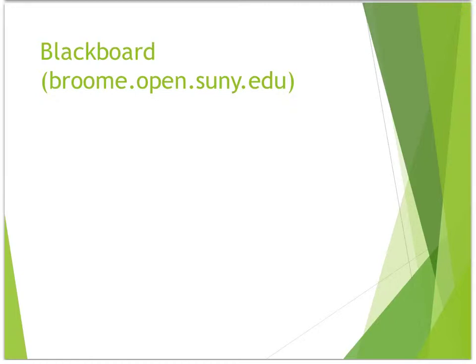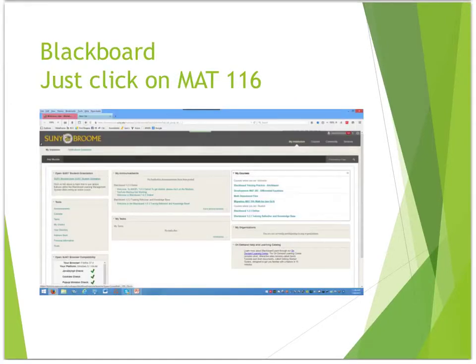To log into Blackboard, which you've already done, the web address is broome.open.suny.edu. You just have to click on Math 116 for your list of courses. And that's located right here.